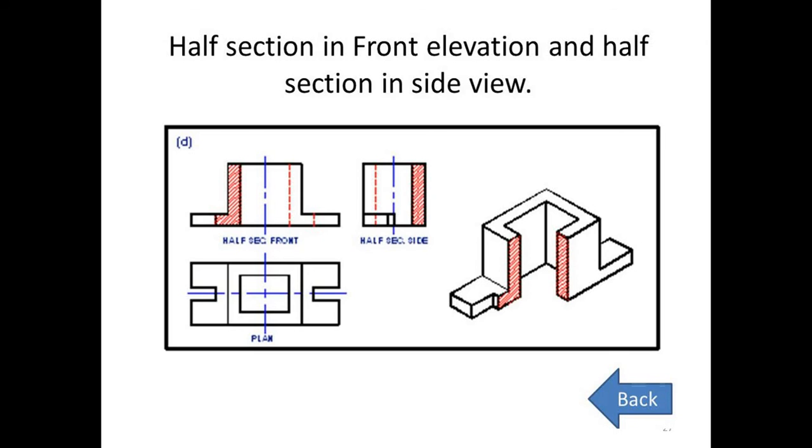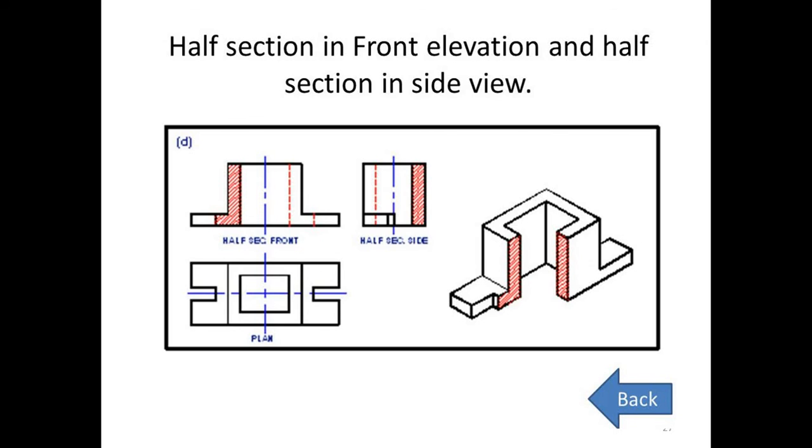In half section, when we cut it, the section shows the component, but there is one groove which is not solid, so when it is cut, there is no section there.